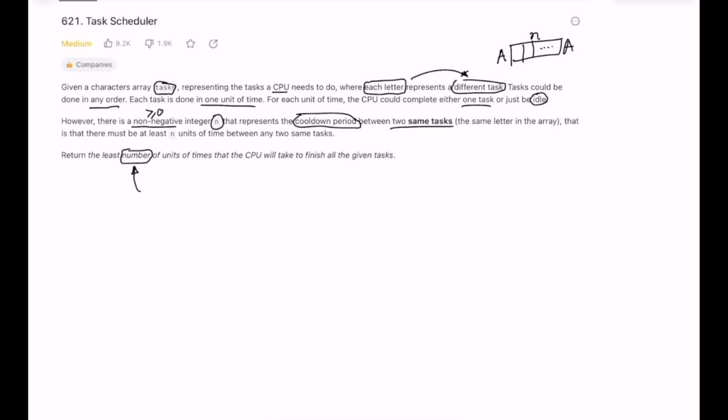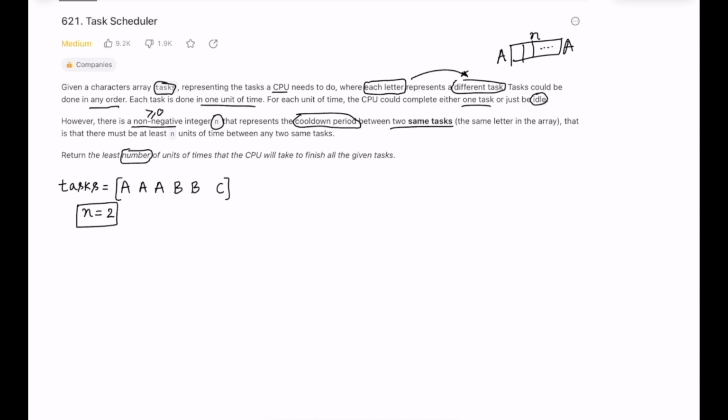Now let's take a look at an example, try to understand the problem and come up with a solution for it. Here is an example tasks with a cooldown period of 2. The best practice for any problem would be to come up with a brute force approach and try to optimize it.